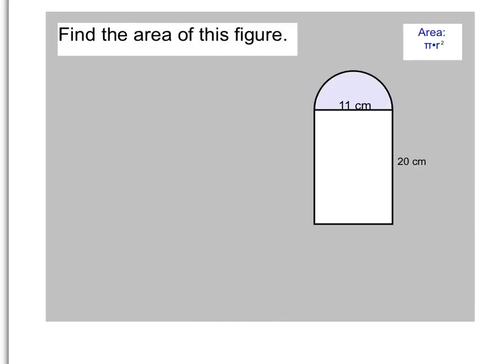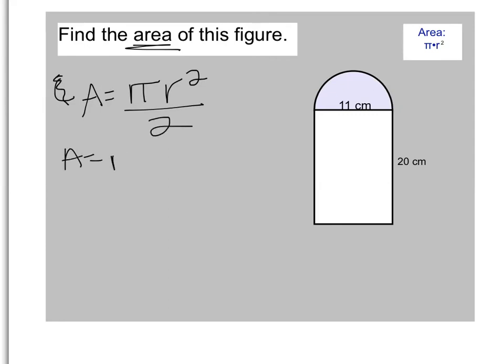Okay, so what if we want to find the area of this shape? I have a semicircle and I have a rectangle. So first, to find the area of the semicircle, pi times radius squared gives me my circle, so divide by 2. So I get pi times, what's my radius? If this is my diameter, then my radius is 5.5.